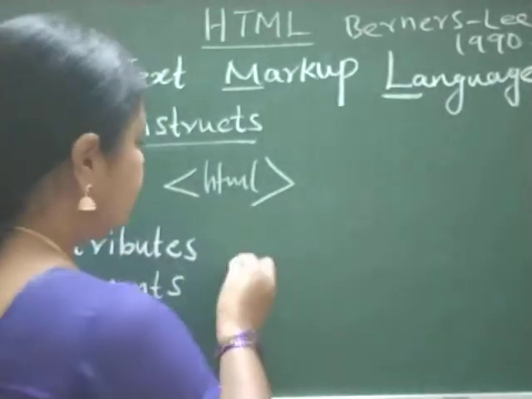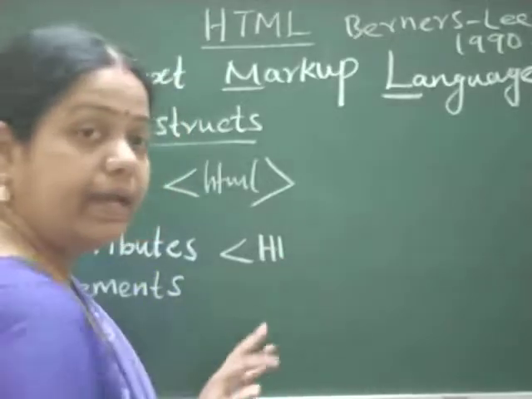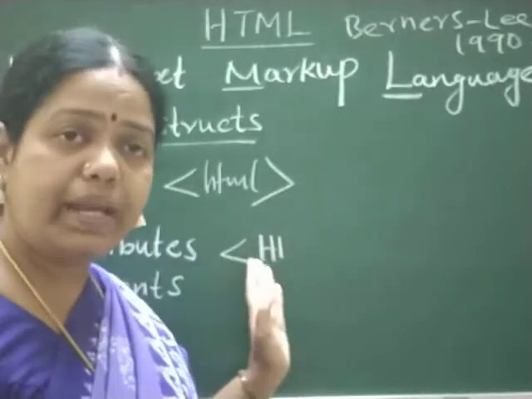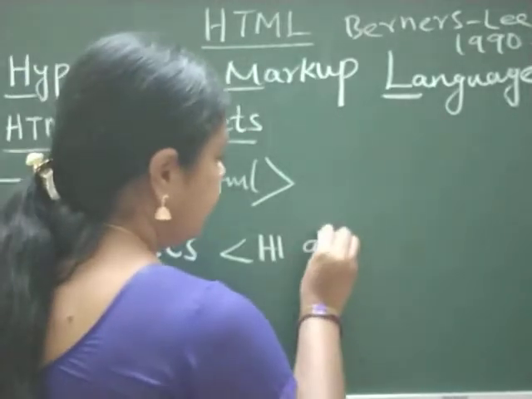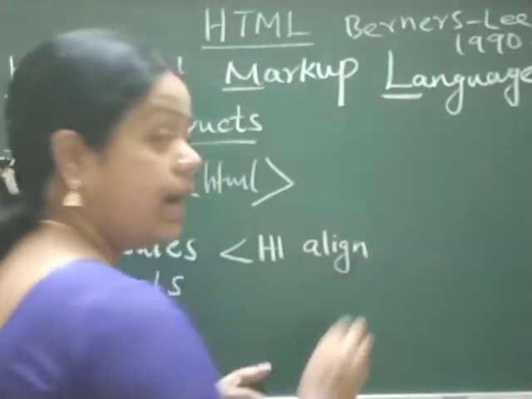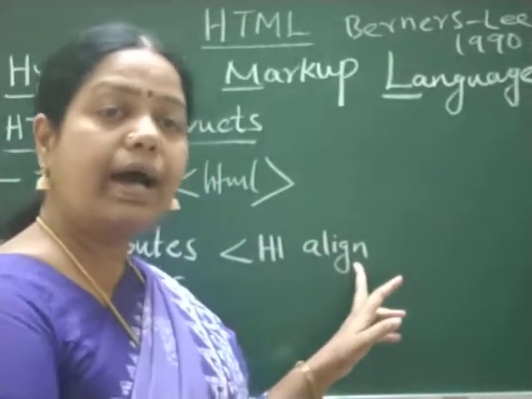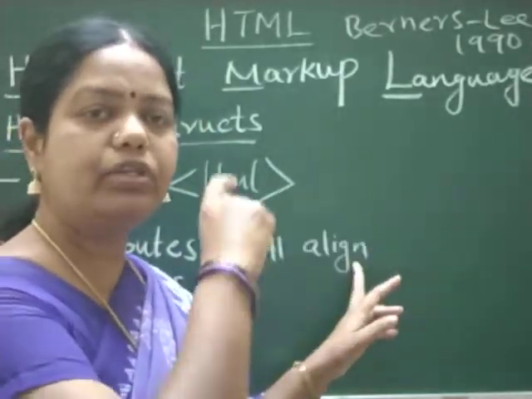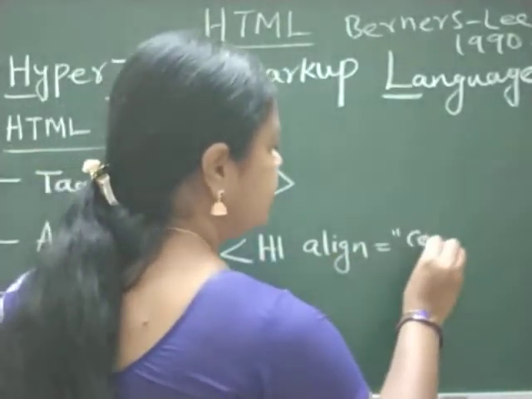For example, there is a tag H1, it is for displaying the heading H1. Then align is an attribute. This attribute is used to align the text either left, right or center. So align is equal to center.